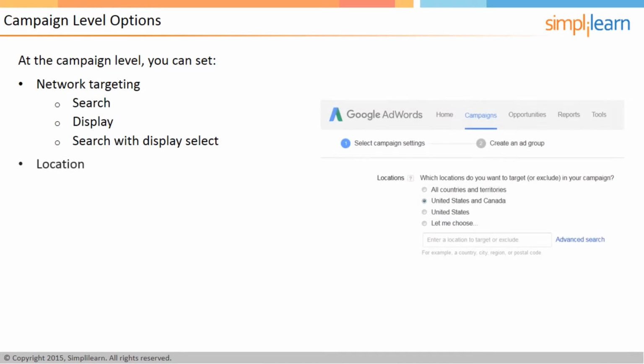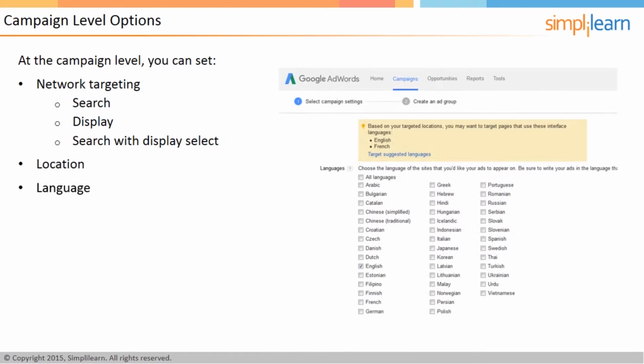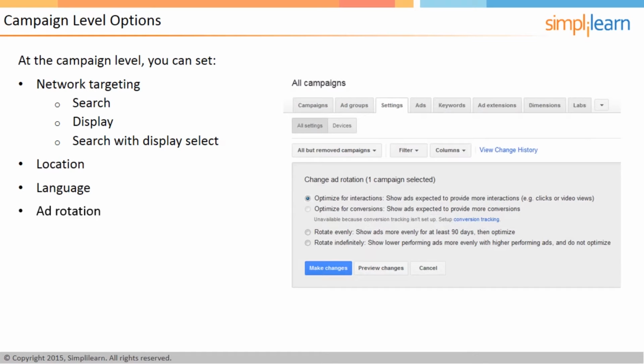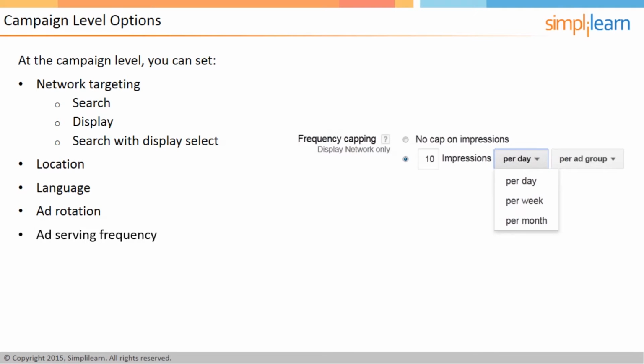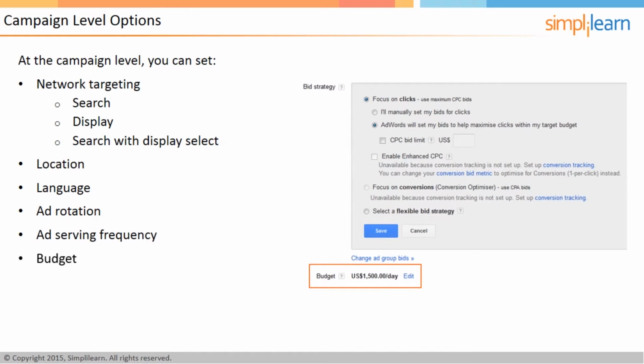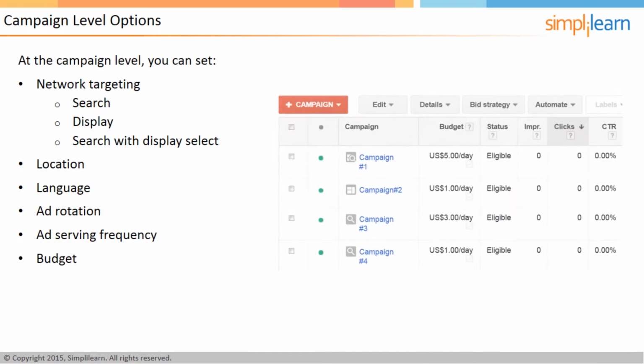You set the location where you want your ads displayed. You choose the language, and the ad rotation, which is how Google serves multiple ads within an ad group if you have multiples. Your ad serving frequency, how quickly or slowly ads are delivered, and your budget are also set here. Your budgets are by campaign. So if you have multiple goals in your account, you can have a different campaign for each goal and then set your budgets differently by campaign.